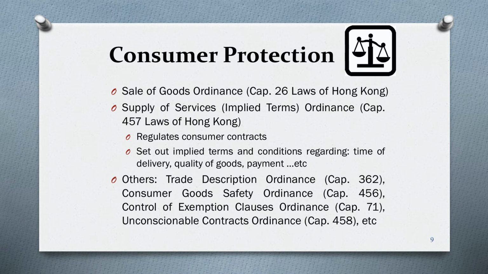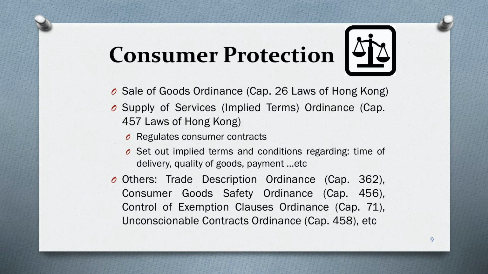Other ordinances, for example, the Trade Descriptions Ordinance, ensure the seller describes the goods accurately, for example, when it's making that invitation to treat. The Consumer Goods Safety Ordinance, as the name implies, concerns consumer goods safety. The Control of Exemption Clauses Ordinance and the Unconscionable Contracts Ordinance protect the consumer and make sure the terms you enter into are fair.